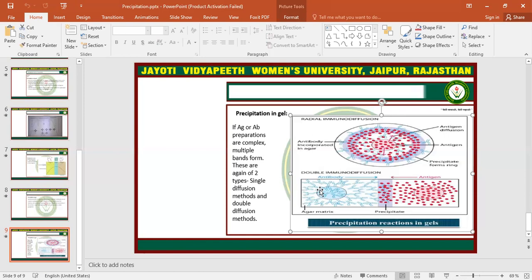In one area, we add antibody, and in another portion, we add antigen. In the gel, the antibody will diffuse from high to low concentration, and similarly, the antigen will also move from high to low concentration.